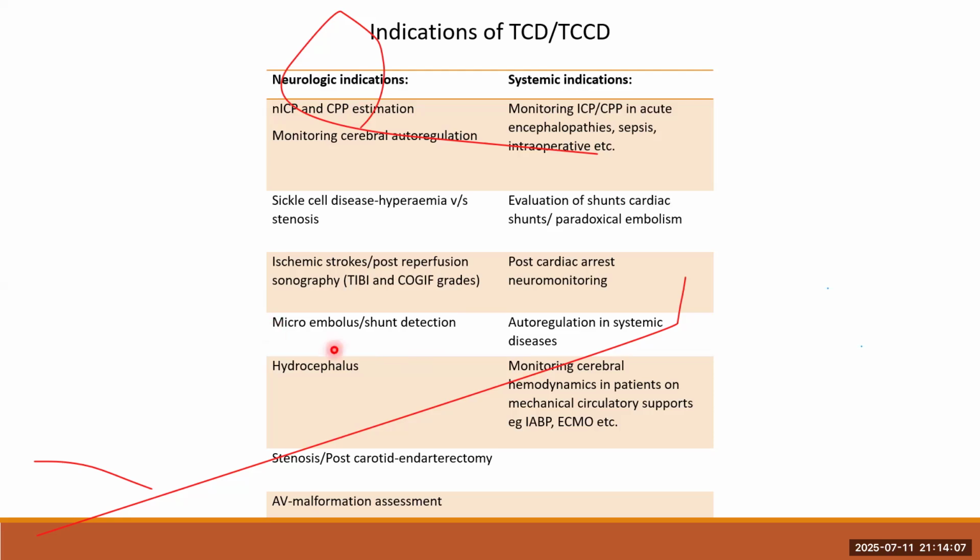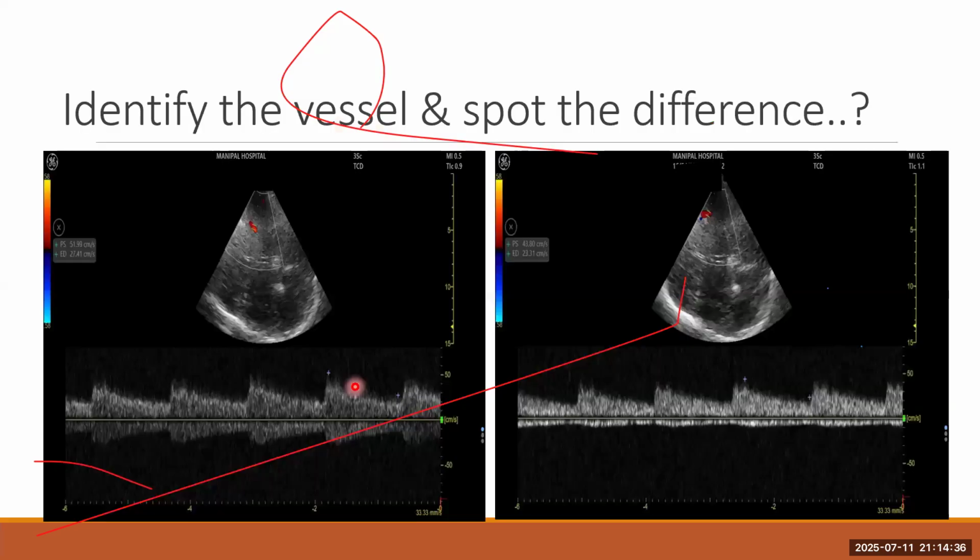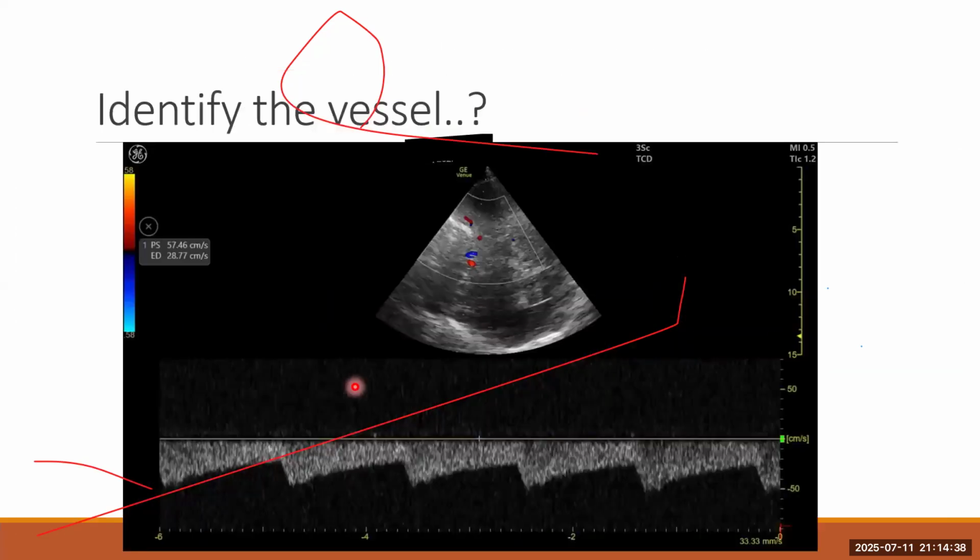All those things can be decided based on the TCDs. Stenosis and endarterectomy patients, or which patient needs to undergo it, or where we don't disturb the collaterals, can also be an indication to do a TCD. And AV malformations, because there would be a low pulsatility. Another reason or differential diagnosis for this image could have been this image, one sec.